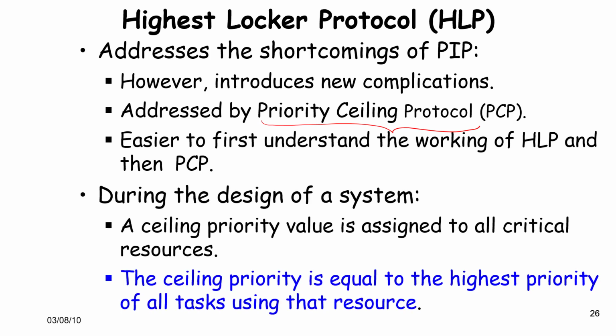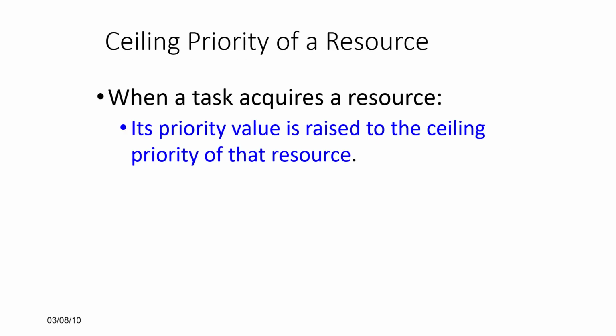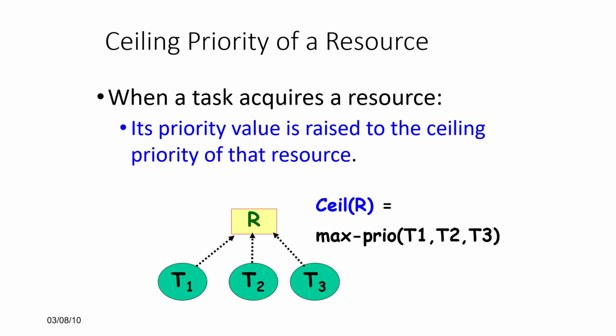So during the design of a system, a ceiling priority value is assigned to all critical resources, because we know our tasks and we know our priorities. When a task acquires a resource, as we have already discussed, its priority is bumped to the ceiling priority of that resource, and then its priority is restored to its previous value, as we have seen in the case of PIP.